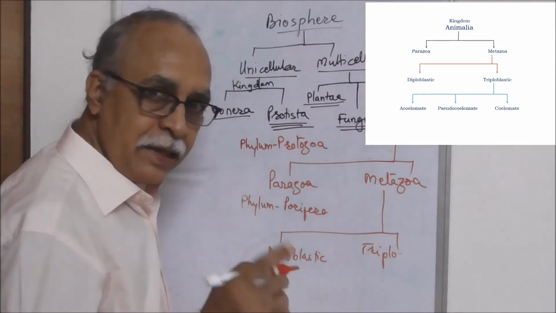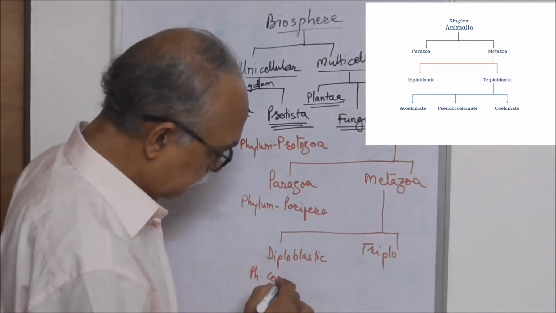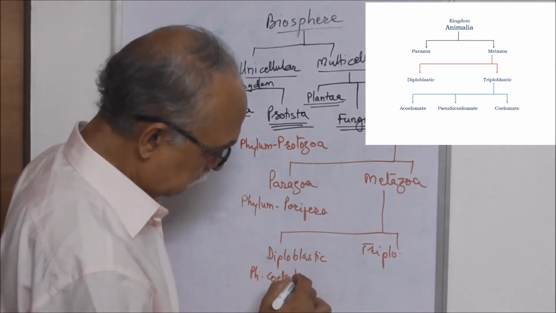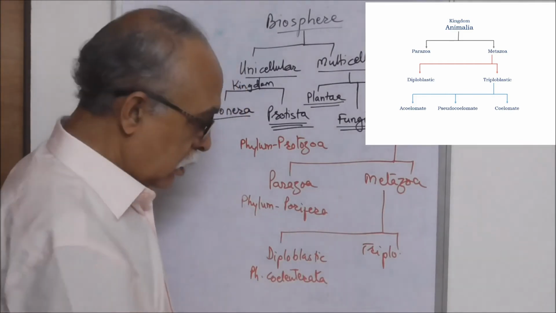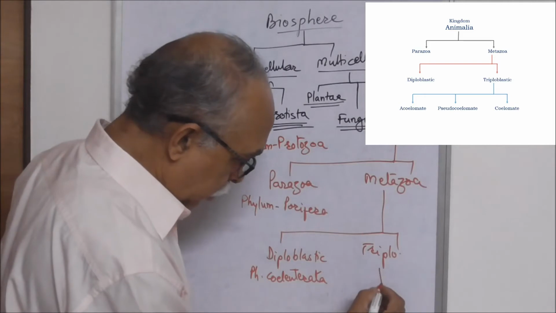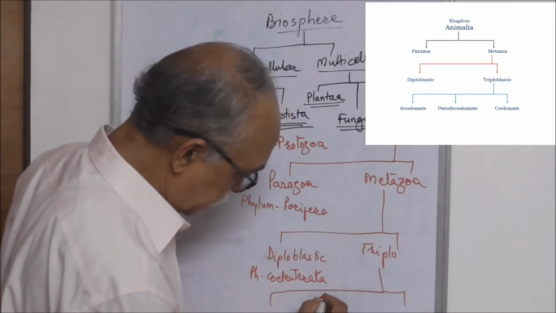Under diploblastic, again there is one single phylum. Under triploblastic, we would further make three divisions.